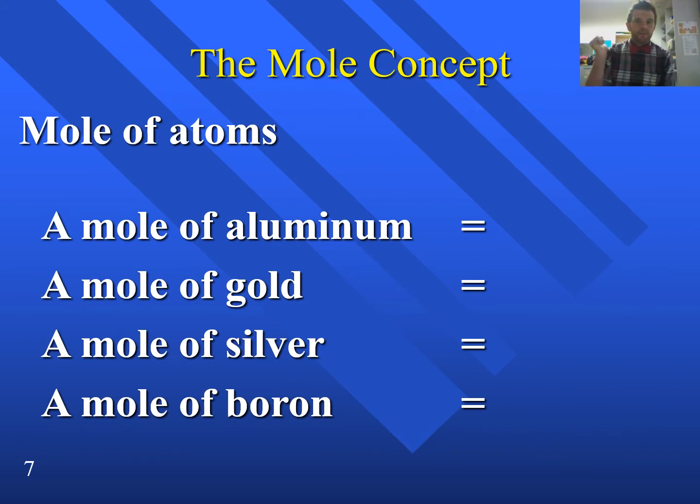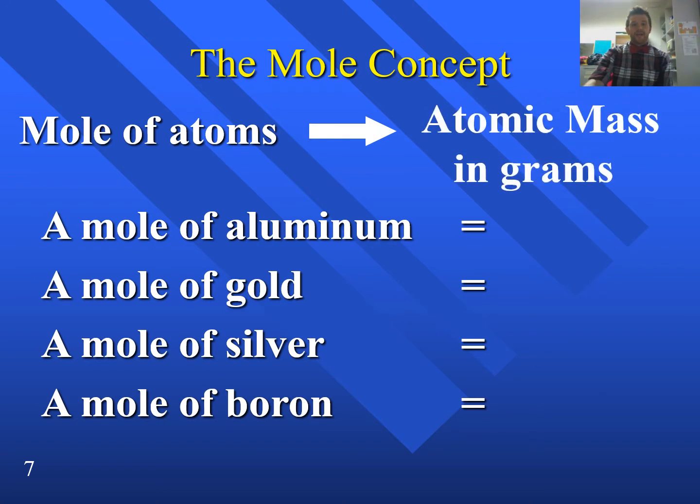This is me just hammering it home over and over. So moles of atoms is equal to the atomic mass in grams. So if I'm looking at aluminum, it's going to be 26.98 grams is equal to 1 mole.